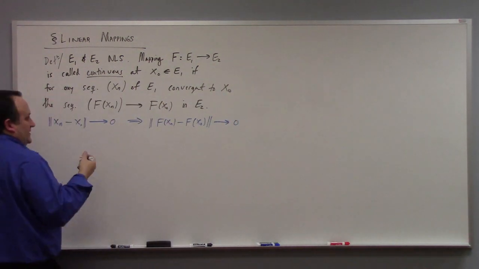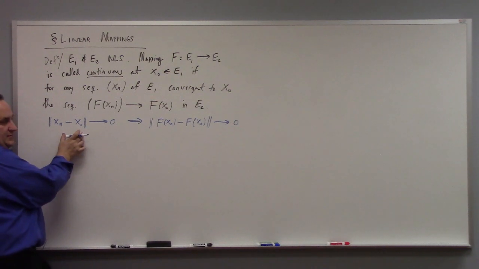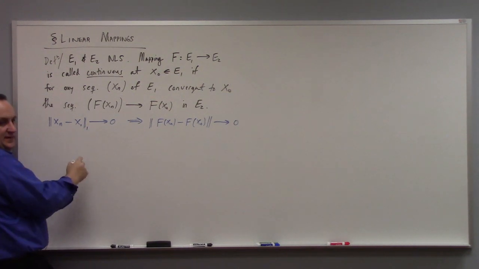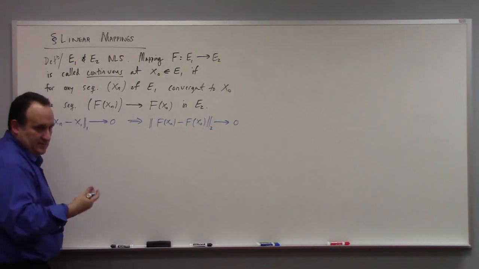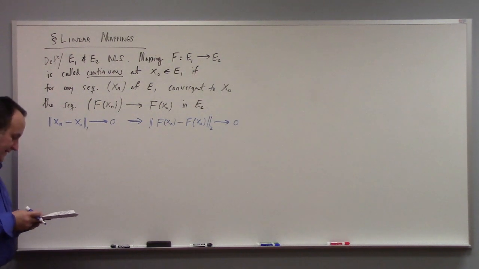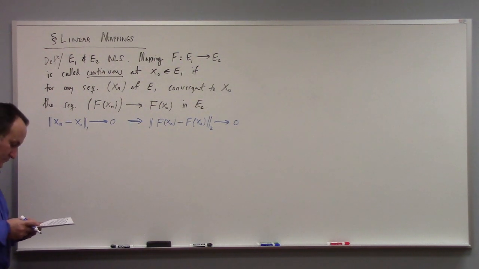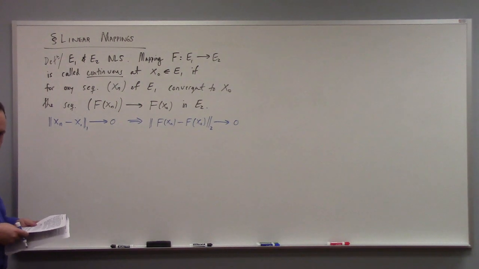And to be more clear, the first is happening with the norm of E1, and this over here is happening in the norm of E2, yeah? Okay. So we're defining continuity here sequentially, all right? And if f is continuous at every x in E1, we simply say that f is continuous, okay?